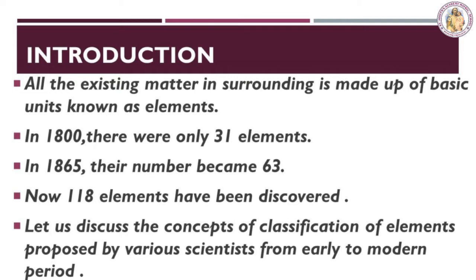Introduction. All existing matter in our surroundings is made up of basic units known as elements. Initially, in the year 18, only 31 chemical elements were discovered. After some advancement in technology, in the year 1865, about 63 more elements were discovered.